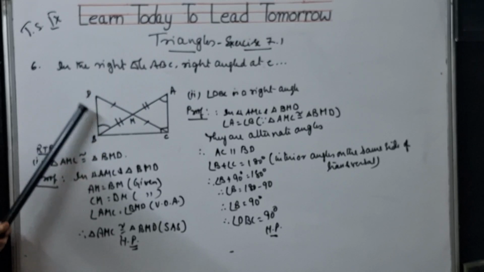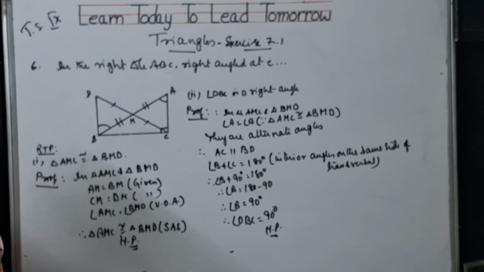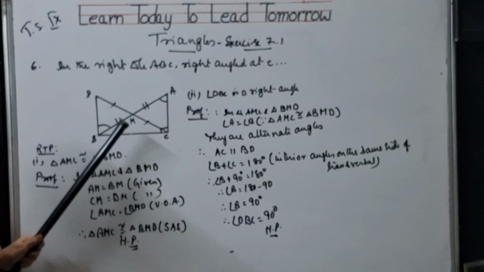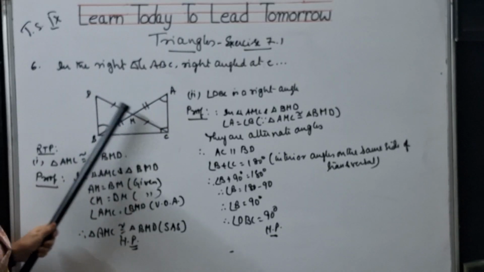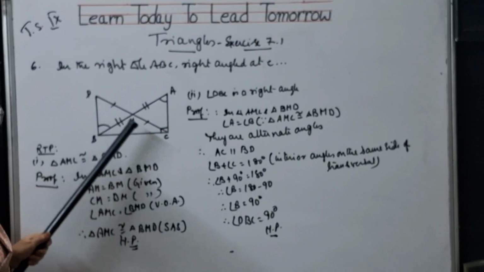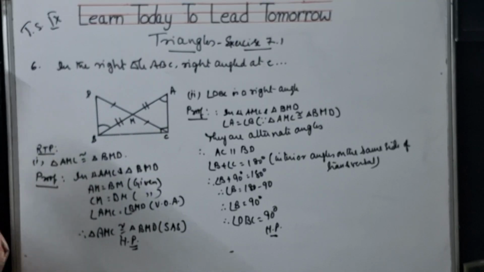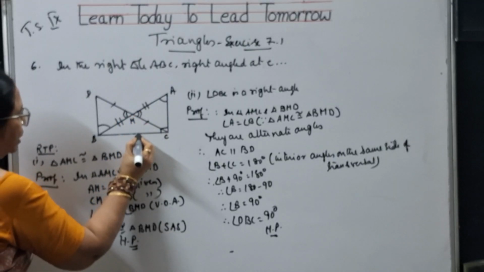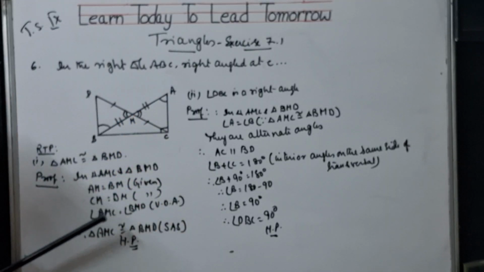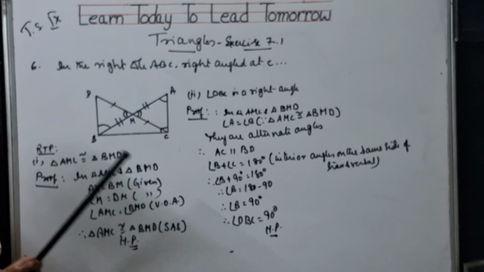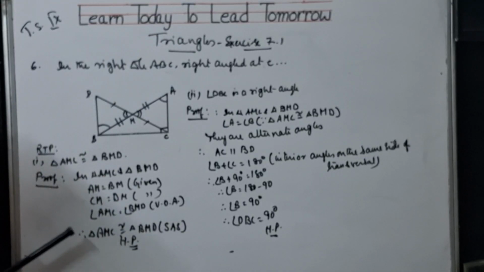And D is joined to B. Now the first question, you have to prove that triangle AMC is congruent to triangle BMD. So in these two triangles, these two sides are equal, that is given to us. These two sides are equal, that is given to us. So these angles are equal, they are vertically opposite angles. So two triangles are congruent basing on side angle side property. So this one we have finished.